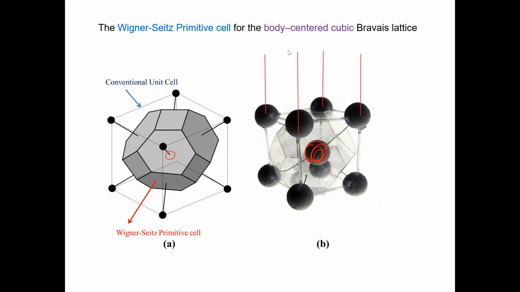Okay, and in the middle, you have another atom at the center of the cube, right? And then remember you draw a dotted line, right? And cut half. Okay, so this is gonna be this surface once you cut it, right?